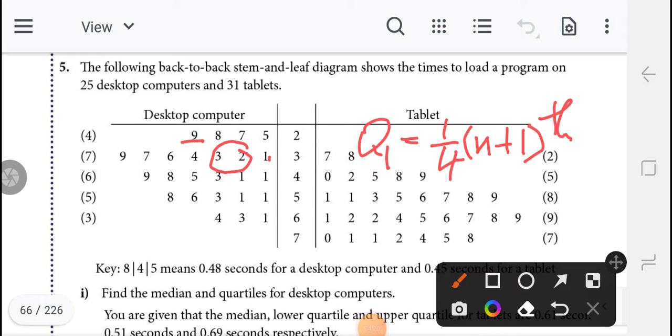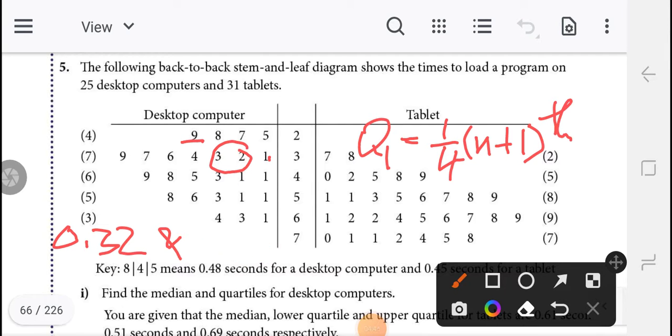So we are going to look for their average. We are going to find the average of 0.32 seconds and 0.33 seconds. That average will be our lower quartile.